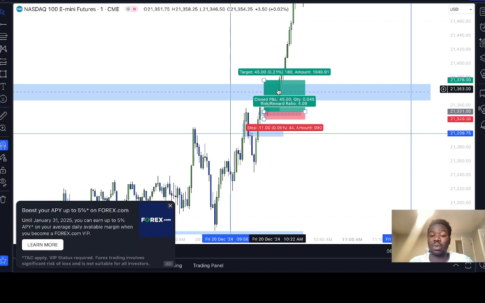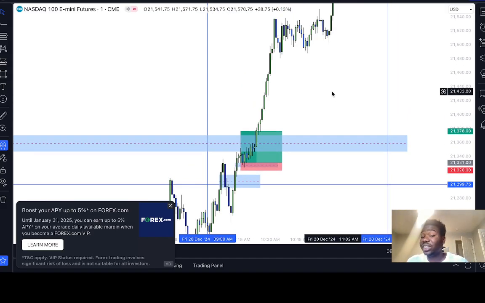Every little tick in price is worth $5. So you'd be risking $220 for a reward of $900. $220, $900.